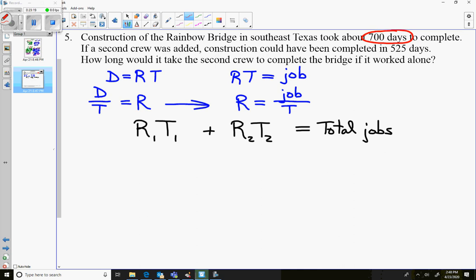What they're talking about here is to complete the job. So one job took 700 days. In other words, this is not a time, it's the rate. So this first rate is one job in 700 days.